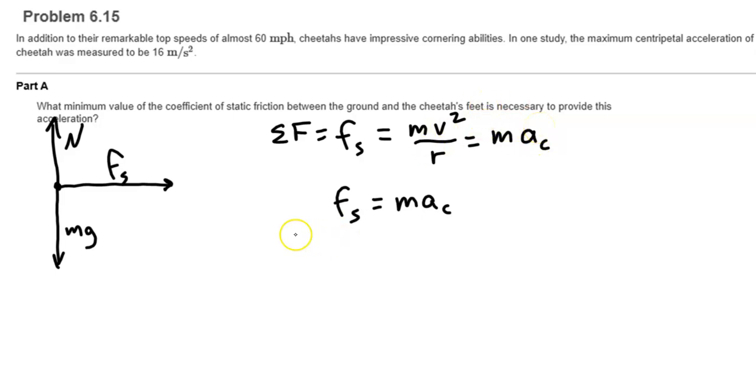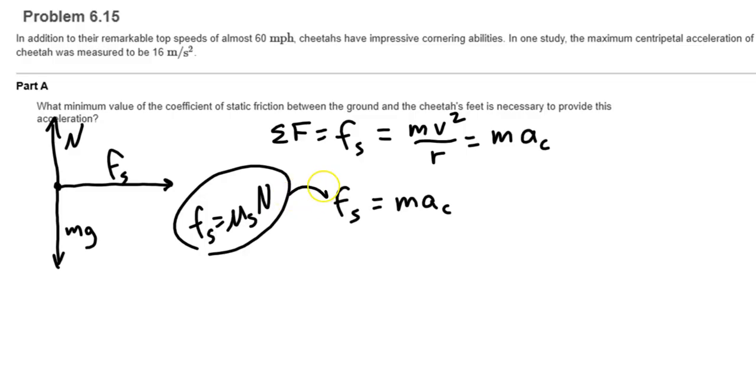Now, static friction, hopefully you remember, is calculated with F_s equals mu_s times the normal force. And so I'm going to take this and replace static friction with mu_s times normal force, and that equals m a_c. That's from the force sum in the x direction.